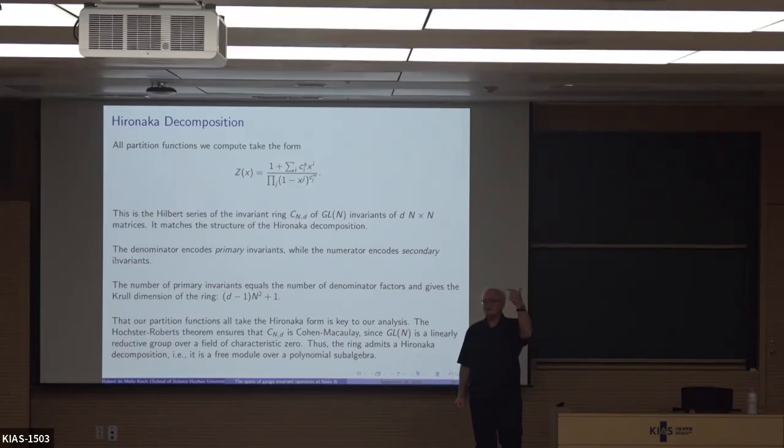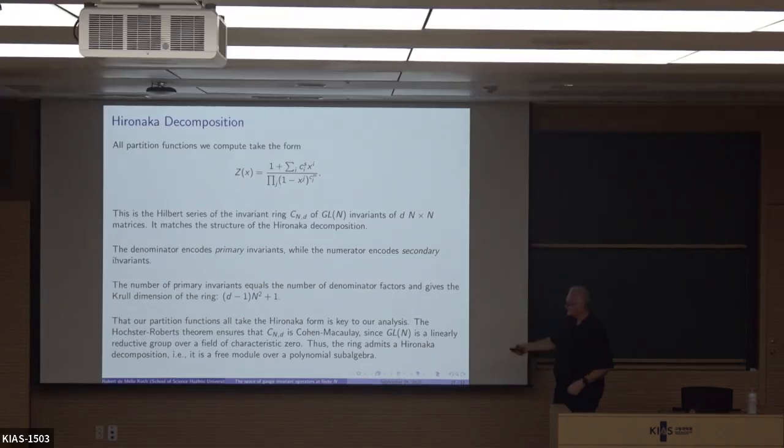So think about our ring that we built from X and Y. X and Y are algebraically independent. You can't express them in terms of each other. But anything else, X squared Y, well, that can be generated from X and Y. So the maximum number of generators from that ring built from X and Y that are algebraically independent is 2. It's just X and Y themselves. That ring would have a Krull dimension of 2. So this number is just the Krull dimension of the ring, the number of primaries.